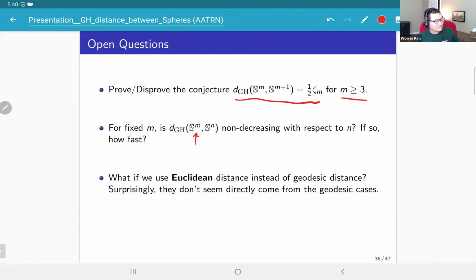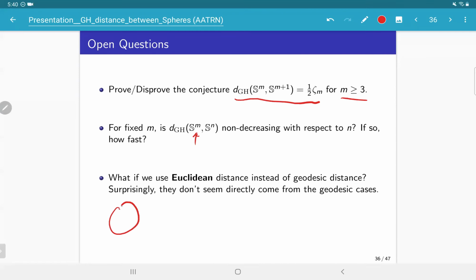Sure, okay. So we were able to prove that the Gromov-Hausdorff distance between S1 and S2 is equal to 2 pi over 3 if we use geodesic distance.